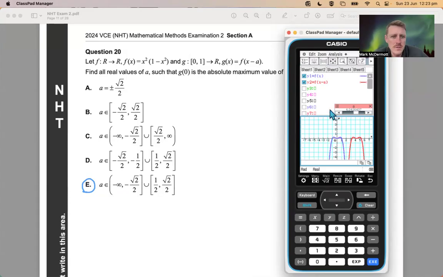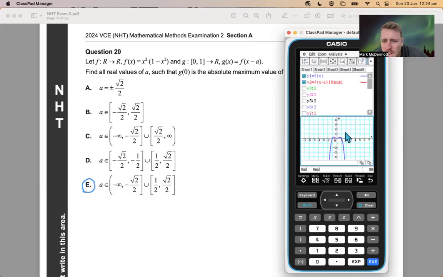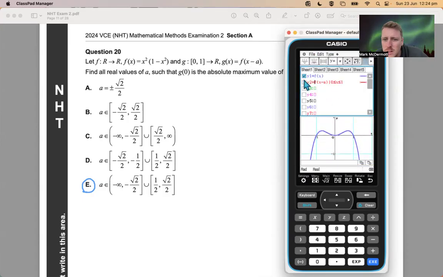Okay, really, I only care about this graph between 0 and 1. So let's regraph it again. Invalid syntax. Of course there is. Zoom in. Zoom in. Why is that not graphing it?